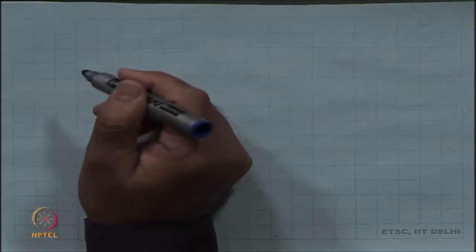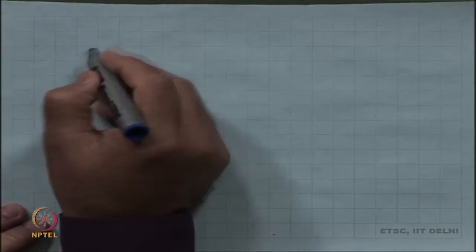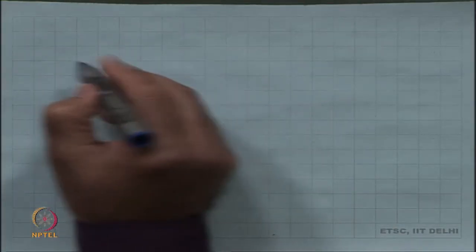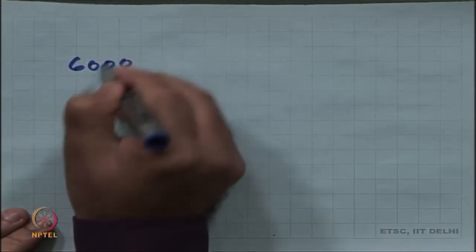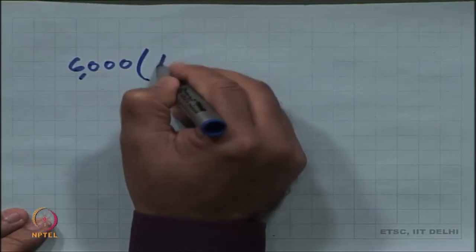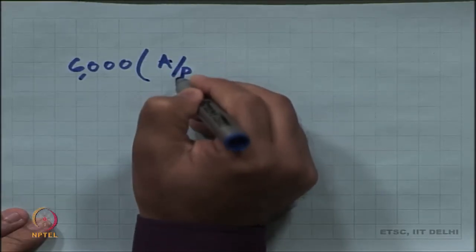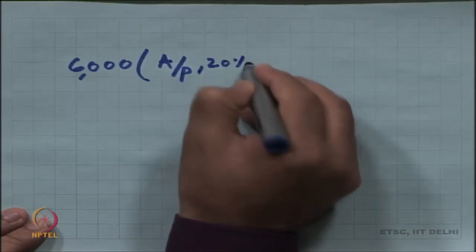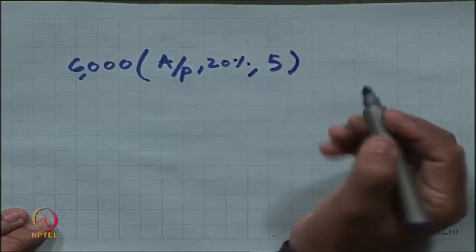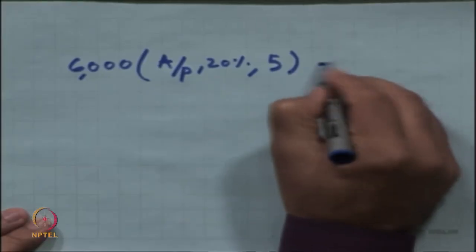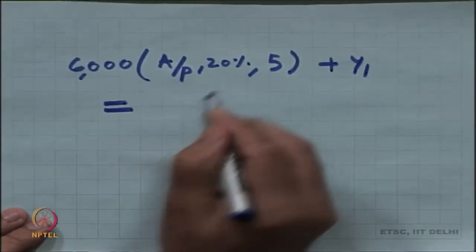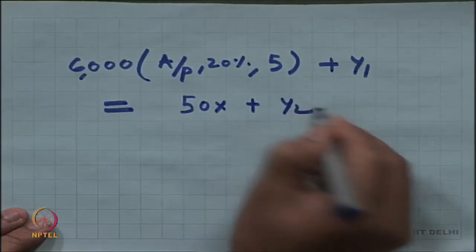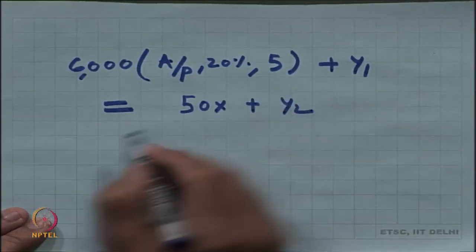Now, this I could have done using present worth method of analysis also, but annualized cost equivalent method would be much easier here. So, I equate it like this: 6,000 A given P, because I know the present value, I want its annual value, for an interest rate of 20% for 5 years period. This is for owning, plus y1, this must be equal to 50x plus y2. Now, I bring this y2 to this side.